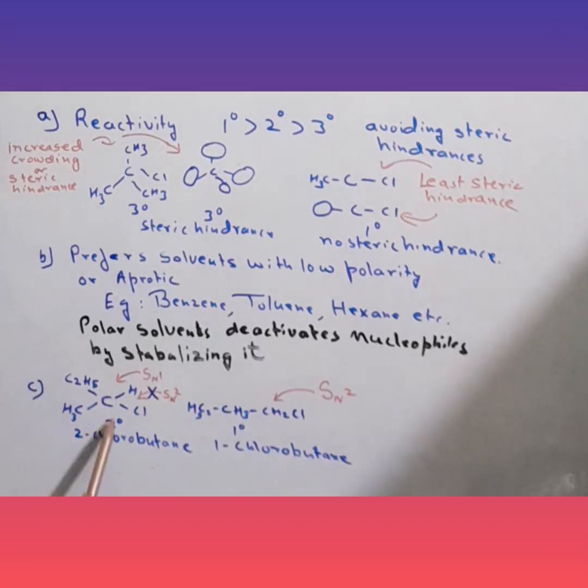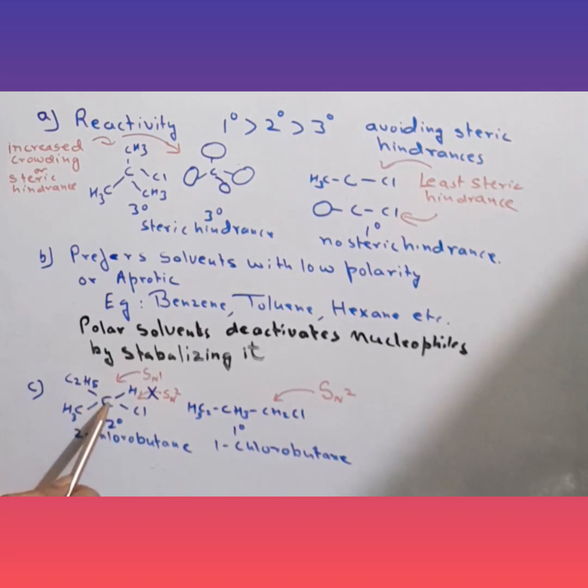Then again I've just tried to explain with an example. Now see, in case of secondary: ethane, propane, butane. So it is chlorobutane again, but 2-chlorobutane because Cl is attached to the second carbon.